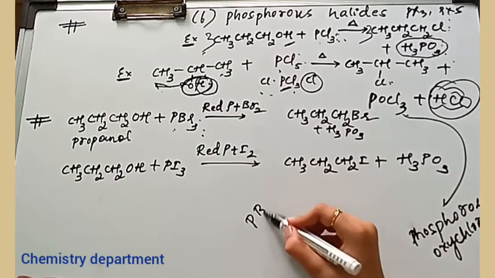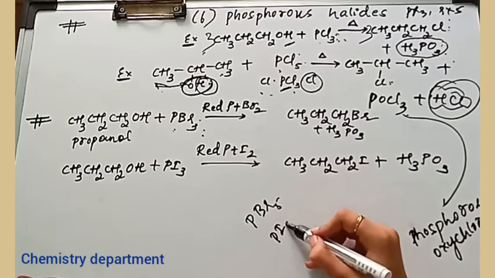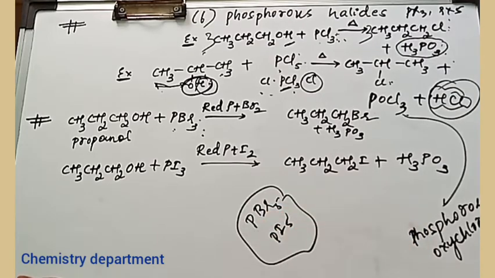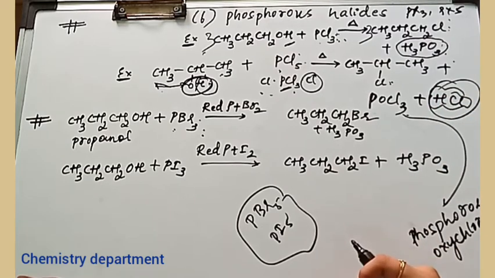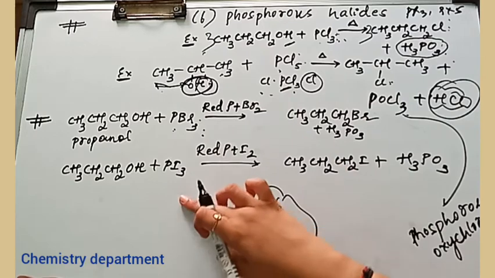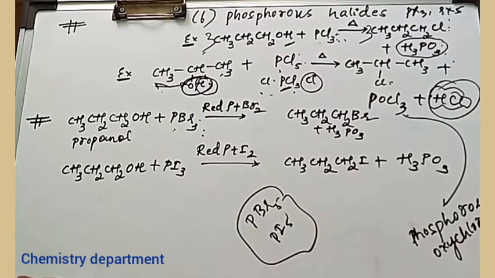Usually PBr5 and PI5 are a little unstable. No doubt you can write the products, but relatively the compounds are unstable. That is why we are taking only PBr3 and PI3. So what you have to remember is you have to just replace the OH and substitute in place of OH the given halogen atom. It may be Cl, Br or I. I hope this is clear.